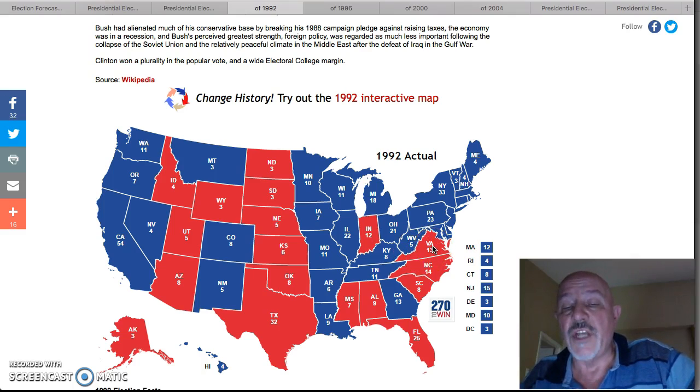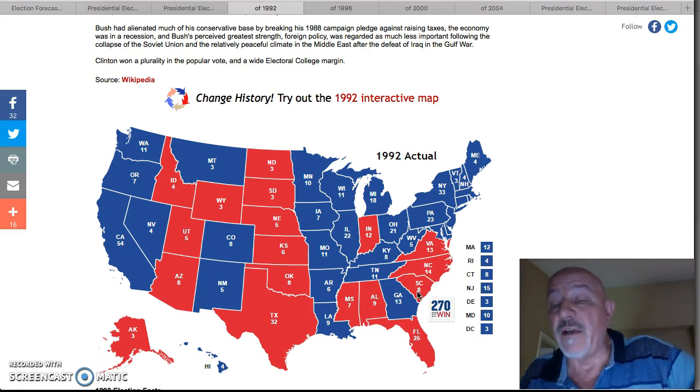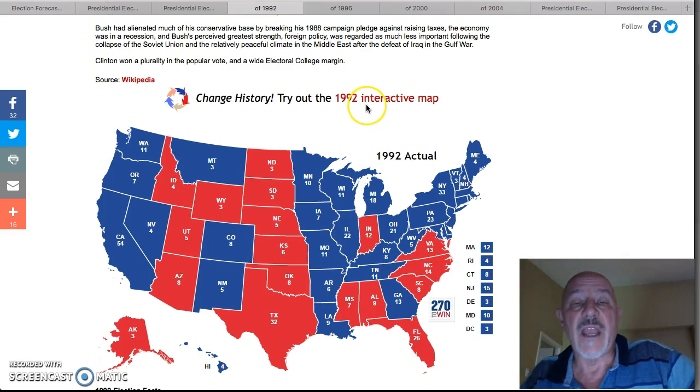He kept Virginia in his column, North Carolina, Florida. Those were the states that he was able to keep in his column that are over and above the 10 states that normally vote Republican. Okay, so this was the first Clinton election.